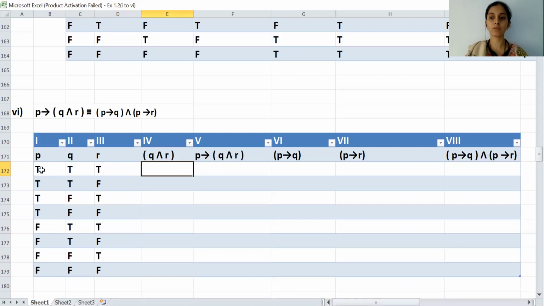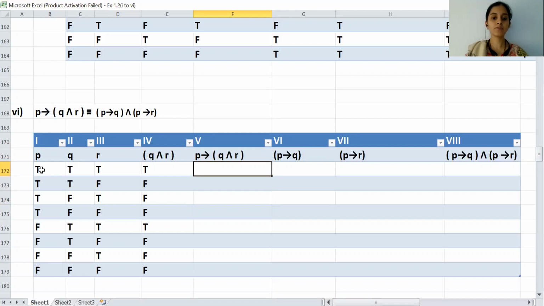So Q and R, second and third: T and T true, T and F false, F and T false, F and F false, and so on for the second half. In a conjunction both have to be true.